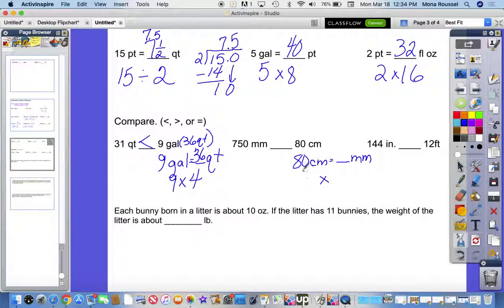So that means I'm going to be multiplying 80 times the number of millimeters in a centimeter, which is 10. 80 times 10 would give me 800. So I'm now comparing 750 millimeters to 800 millimeters. And 750 millimeters would be less than 800 millimeters.